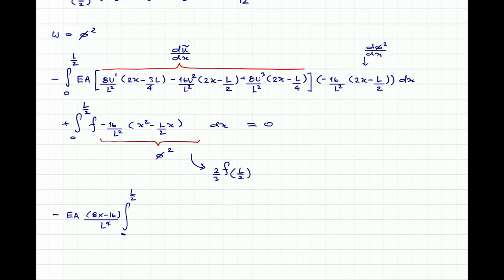2x minus that thing. Okay, so I get 1 for x square, 3/2 and L, 3/2 and L. It's going to make it minus 5/2, right?